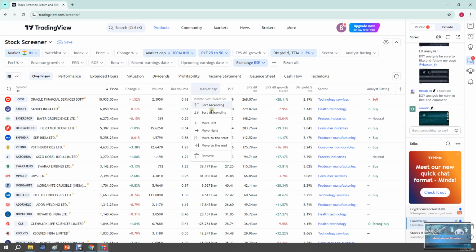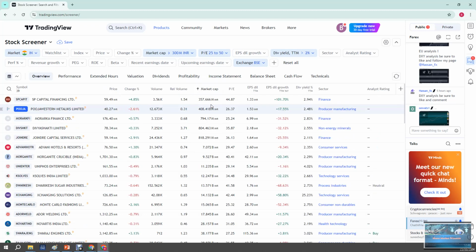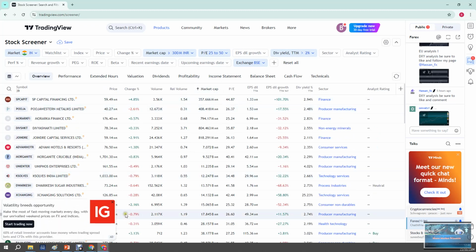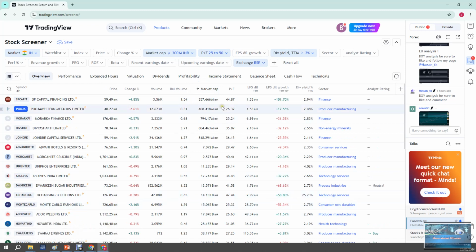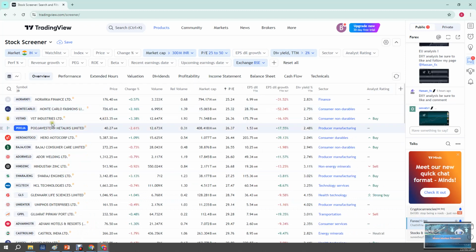If you wanted to sort it, you can sort the market cap as well to see higher market cap come first, and so that you can see which stock is trading in which sector, and their PE ratios as well. Let's say if you wanted to sort by PE ratio, you can. So Muthoot Finance Limited, it is trading at 176 rupees.